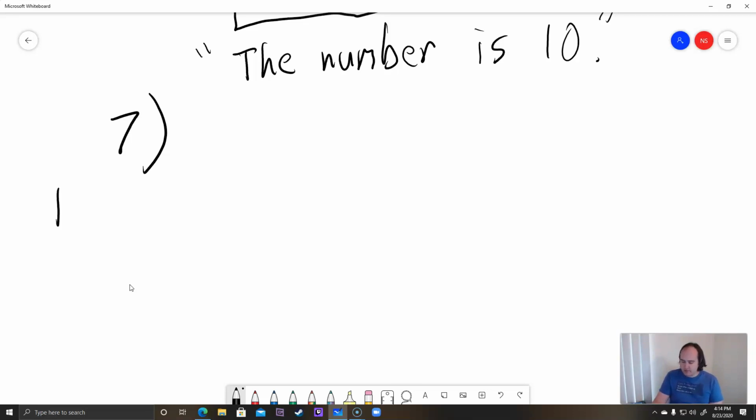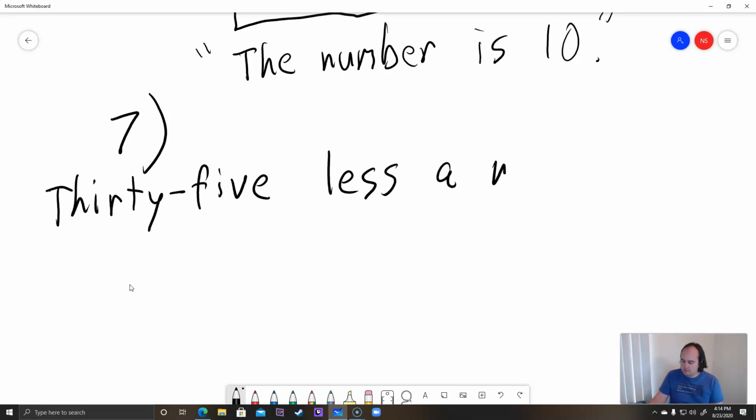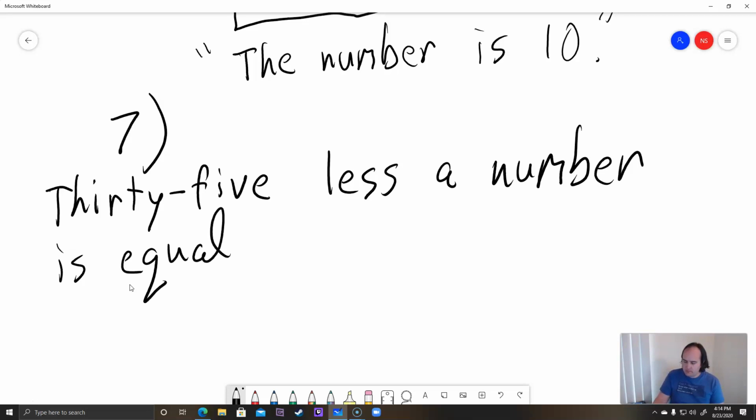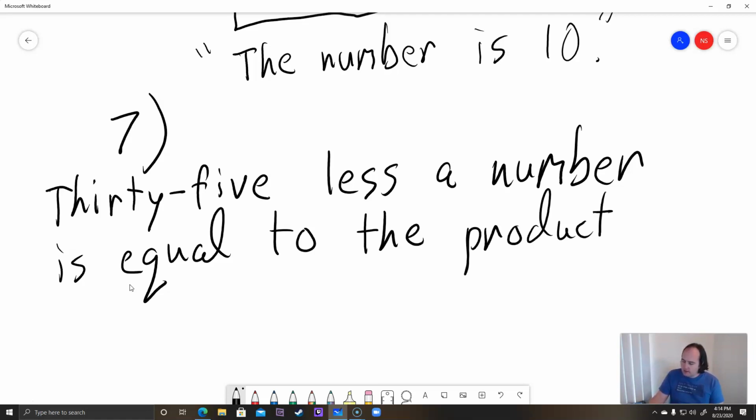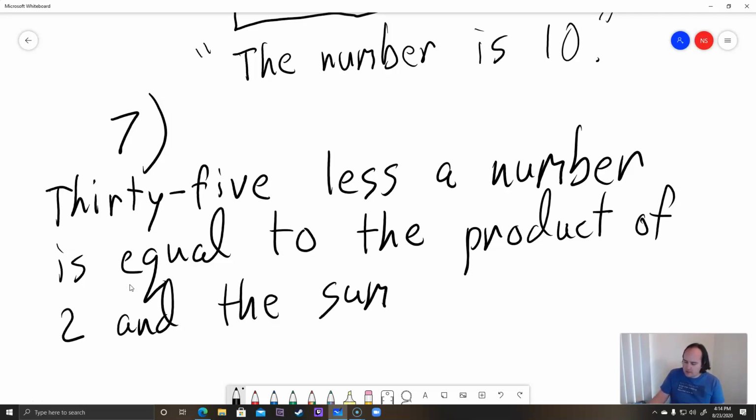35 less a number is equal to the product of 2 and the sum of a number and 7.